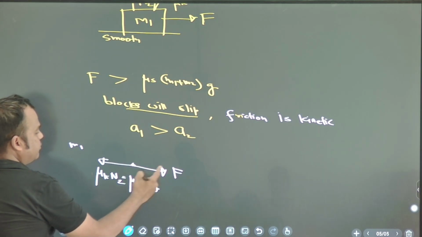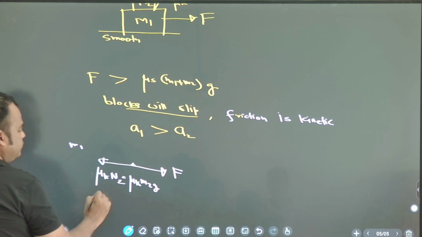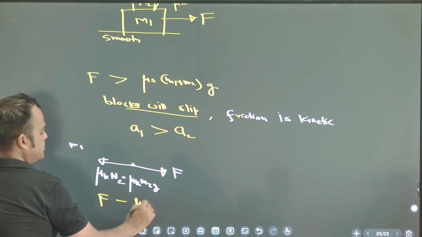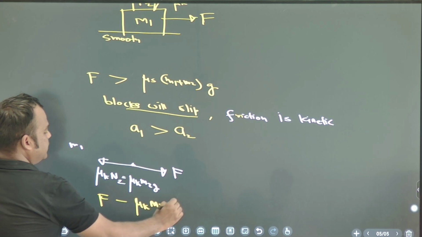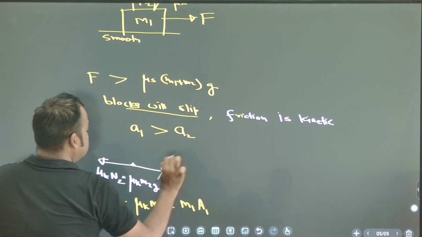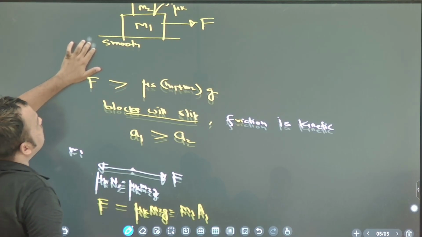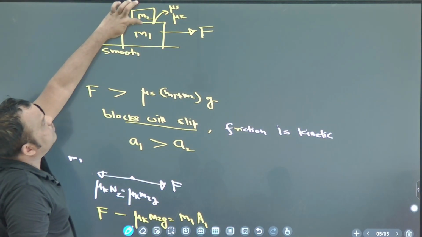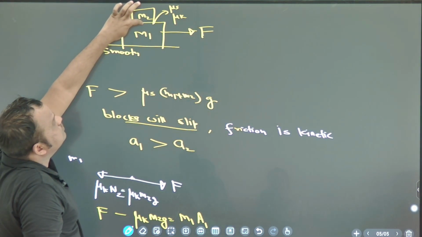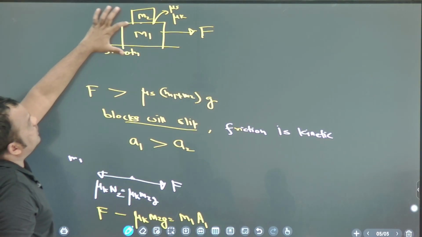Unbalanced force: F minus mu K M2G is equal to M1 A1. How much is kinetic friction? Mu k N. What is N here? M2G. So what is the kinetic friction here?